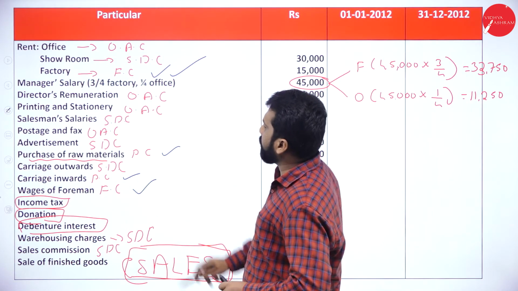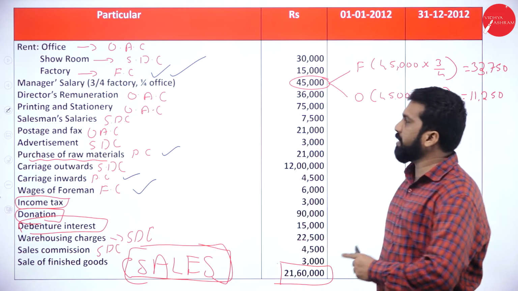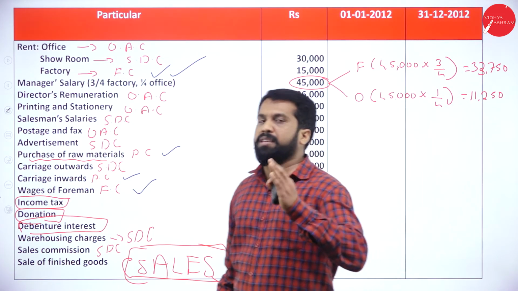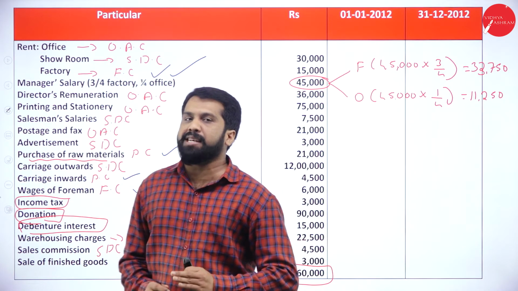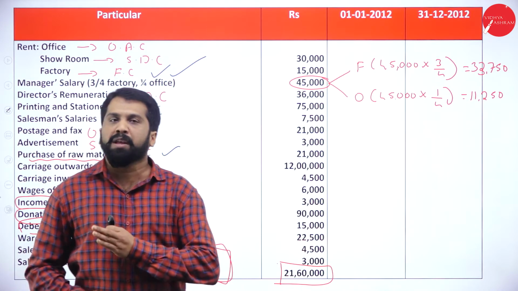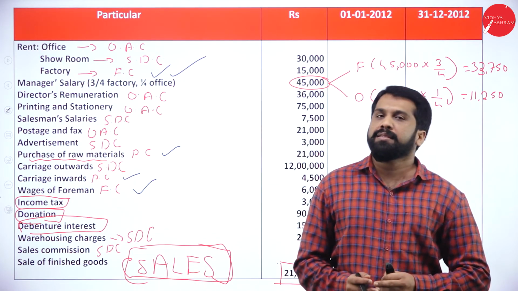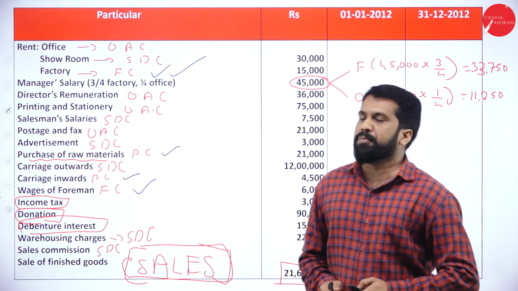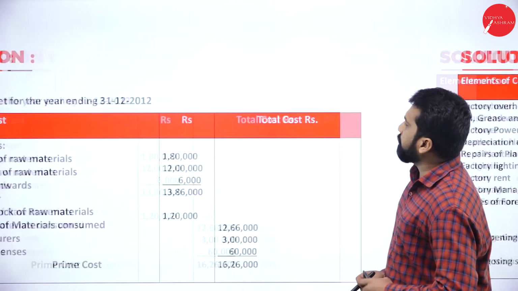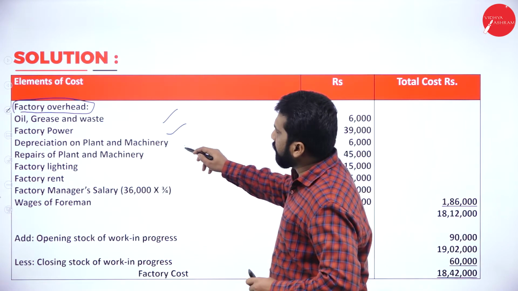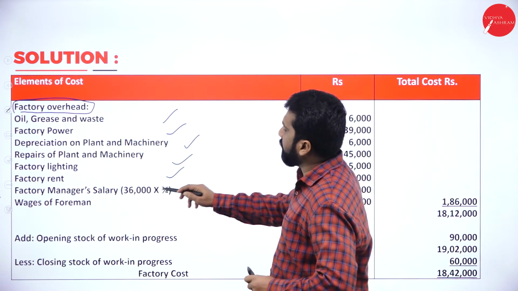Yeah, you have wages of foreman. These many things will come under factory. Very simple. In the question, they will give everything. You have to classify whether it goes to factory, whether it goes to office, or else it will go to your selling and distribution.